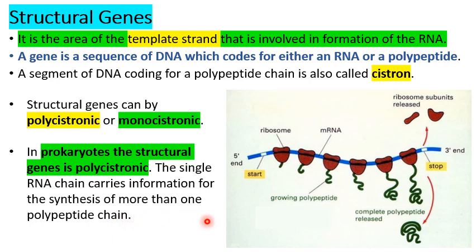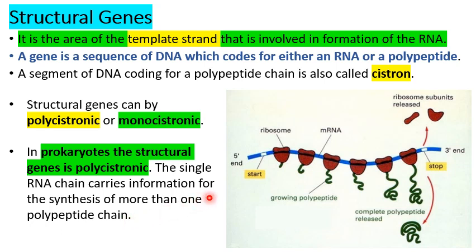You have drawn the diagram of a bacterial cell and there you have shown a polysome. What did you show in a polysome? An RNA chain, and to that single RNA chain there were several ribosomes attached, forming a polysome. Why were there several ribosomes attached to the single RNA chain? Because it carried information for the synthesis of more than one polypeptide chain.